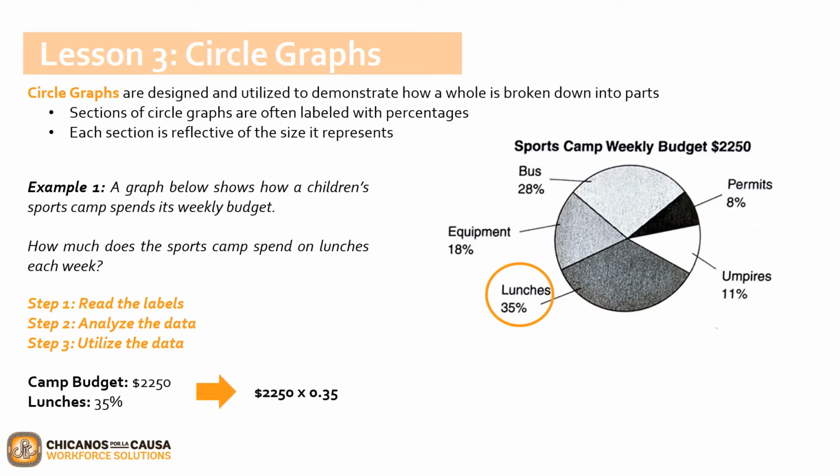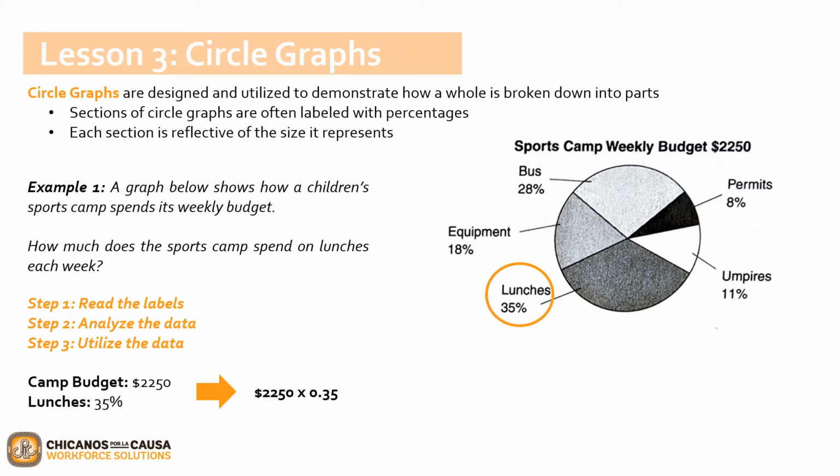Now, technically, you can find what 35% is of 2,250. However, we're going to make it a little bit easier. So instead of division, we're actually going to multiply. You'll notice that we turned that 35% into a decimal, which is 0.35.